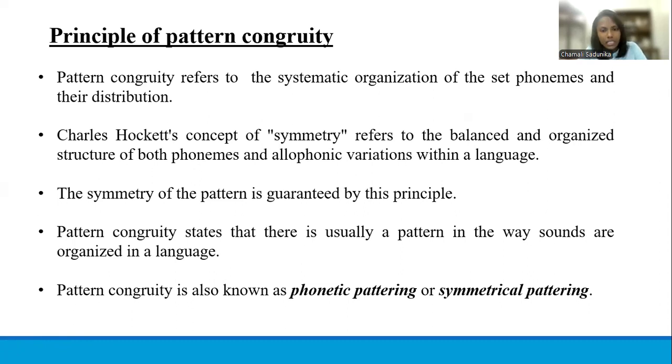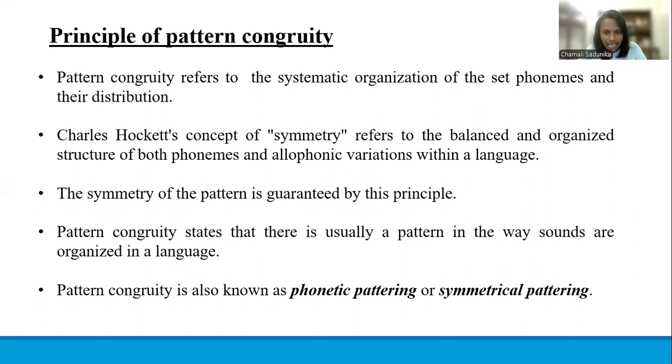So what is meant by pattern congruity? Pattern congruity refers to the systematic organization of the set of phonemes and their distribution. Charles Hockett's concept of symmetry refers to the balanced and organized structure of both phonemes and allophonic variations within a language. The symmetry of the pattern is guaranteed by this principle.